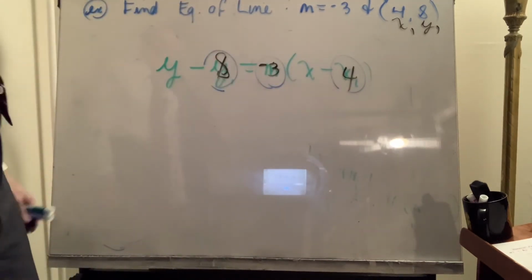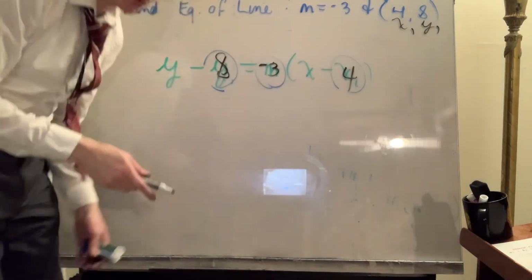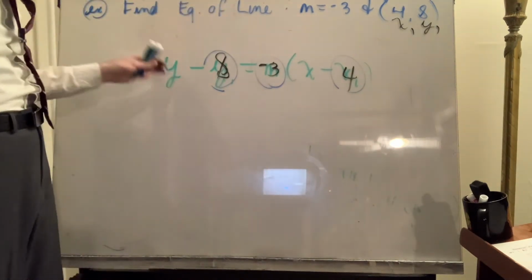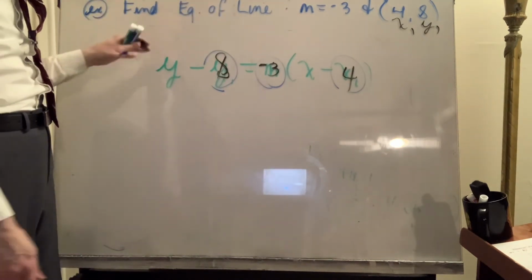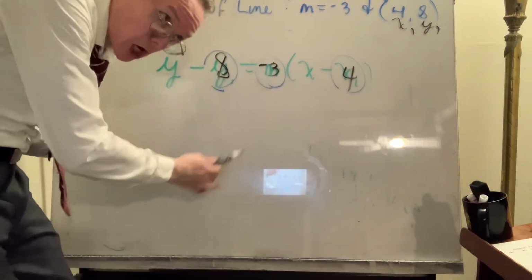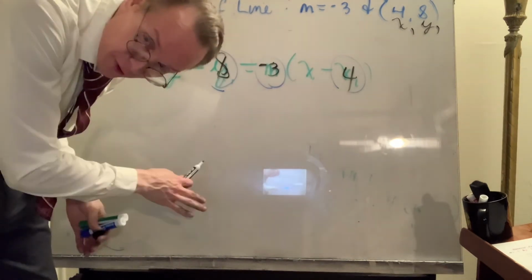It usually should specify, and I hate this, but they'll say, oh, put it in standard form. I would still start with this, and then rearrange it if it has to be standard form so that the x and the y are on the left side together. But that's an afterthought.